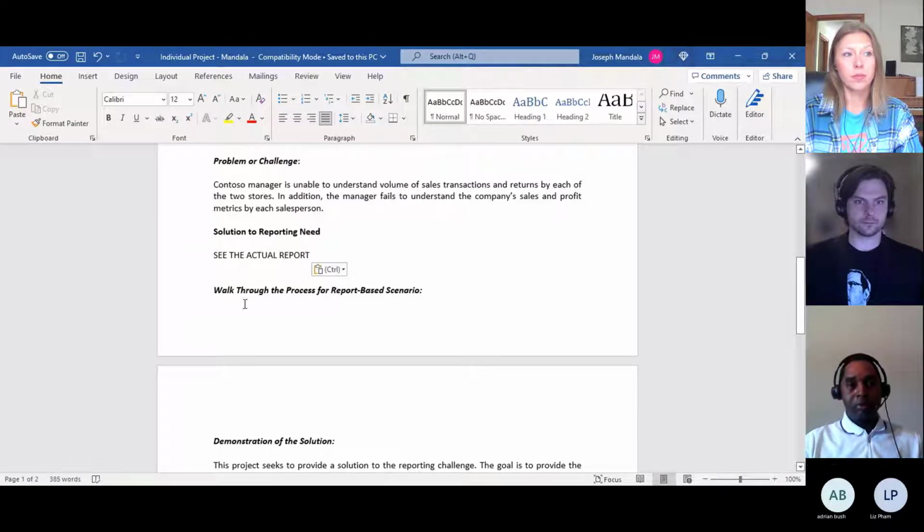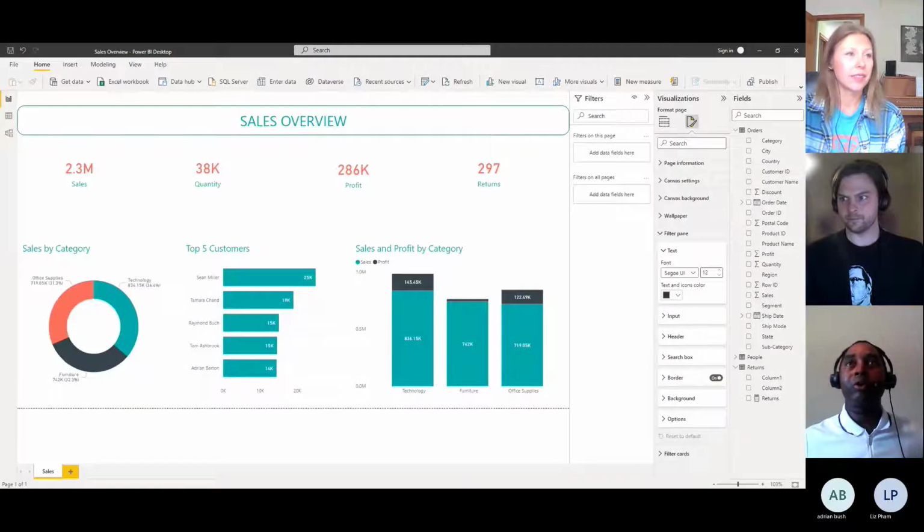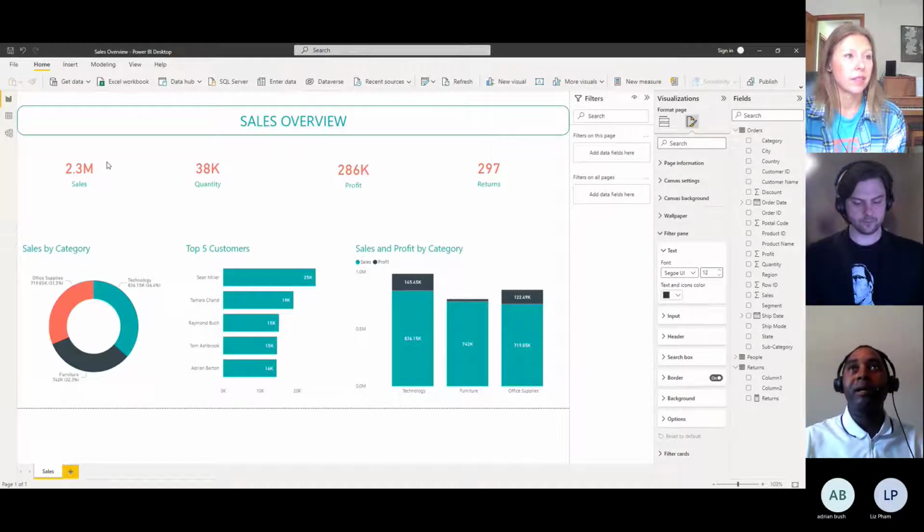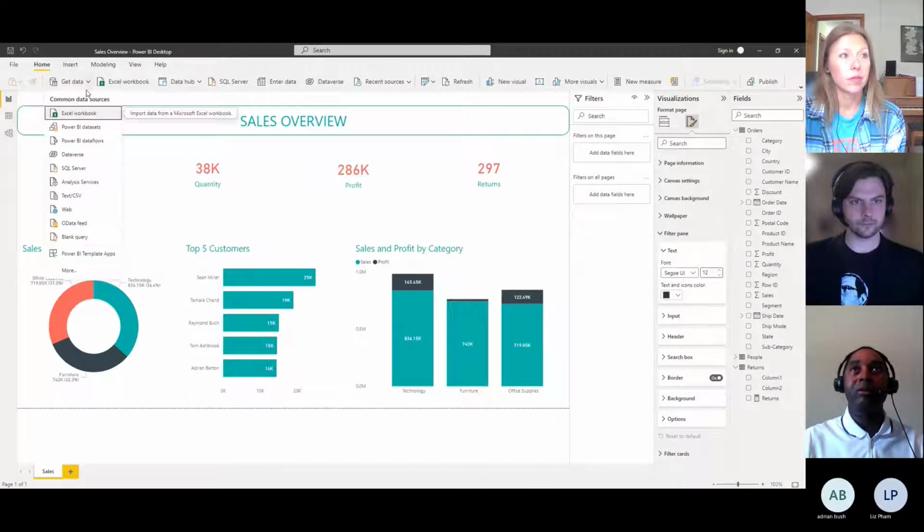So let me go to the actual report that I developed. In terms of addressing the sales, I basically summed up sales. First of all, I went to obtain data, getting data from Excel because I already had the sample Superstore data.